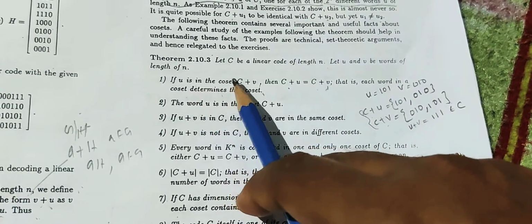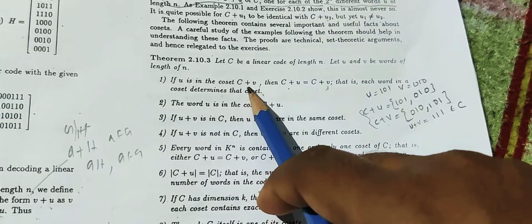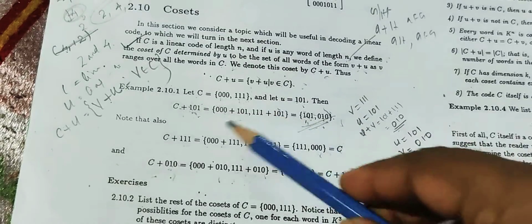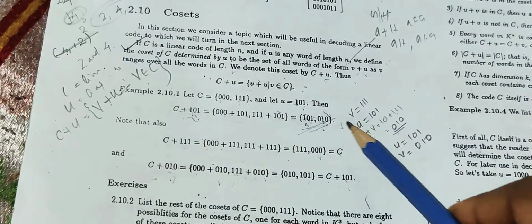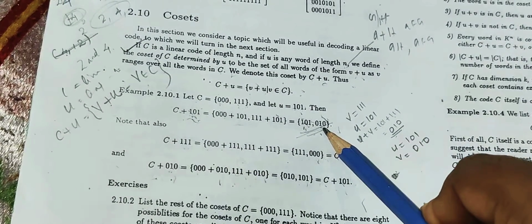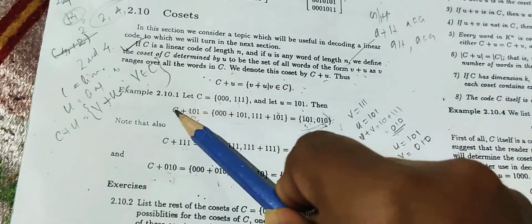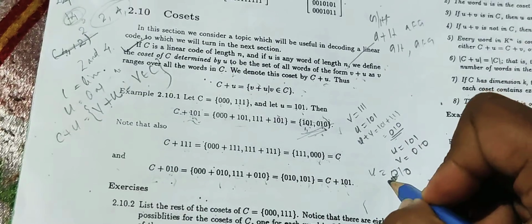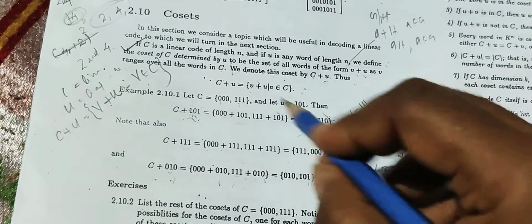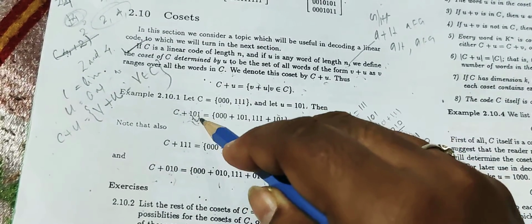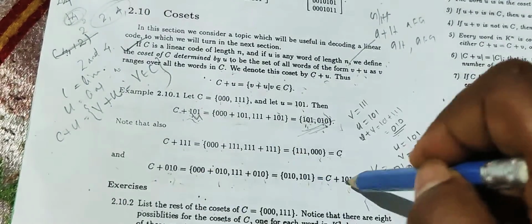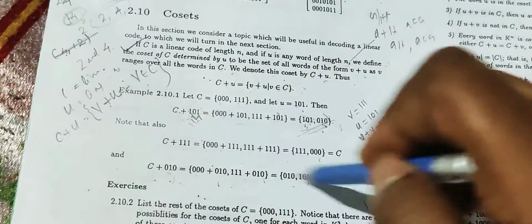For example, consider C plus 101, whose element is 010. So V is taken as 010, which is in the coset C plus U. Clear? And C plus V is the same as C plus U.